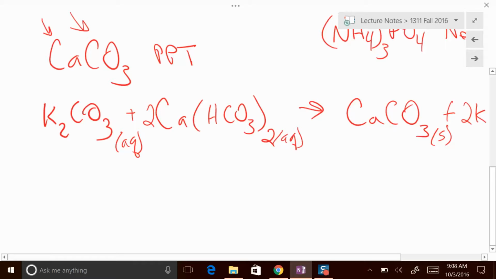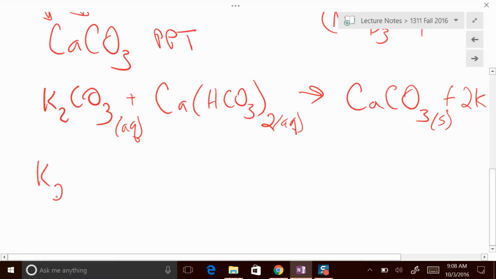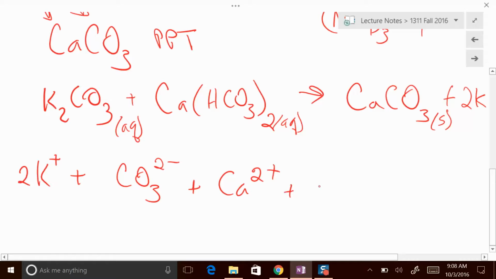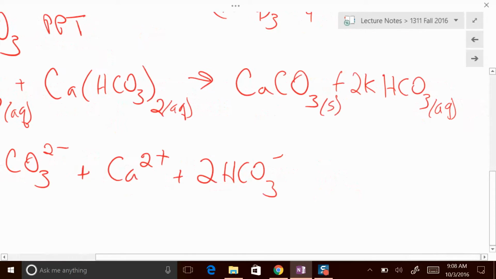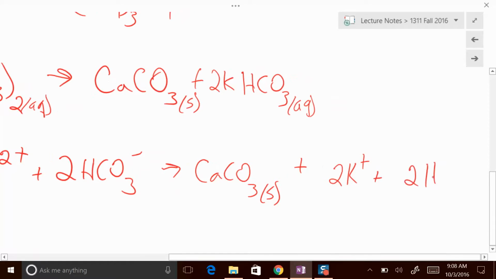Oh, I already have 2 bicarbonates. There we go. So now it's balanced. So I have K2CO3, 2K+ plus CO3 2-, plus calcium 2+, plus 2 HCO3- produces calcium carbonate solid plus 2K+ plus 2HCO3-.